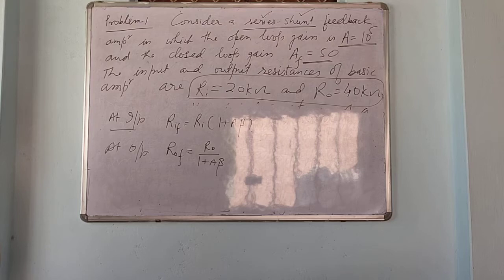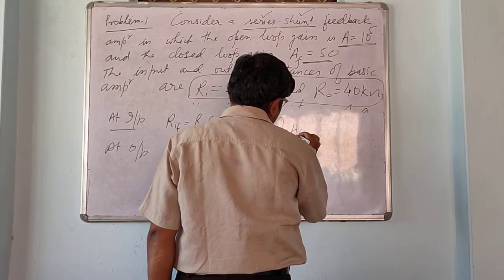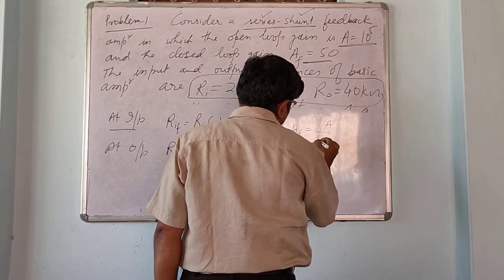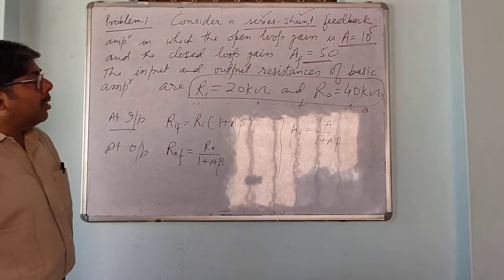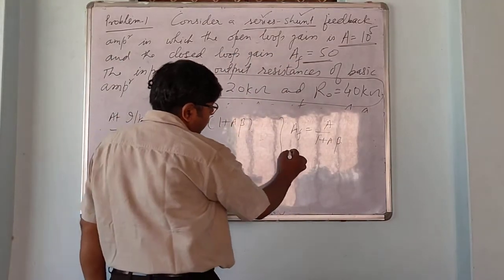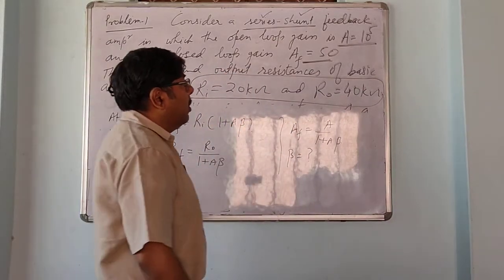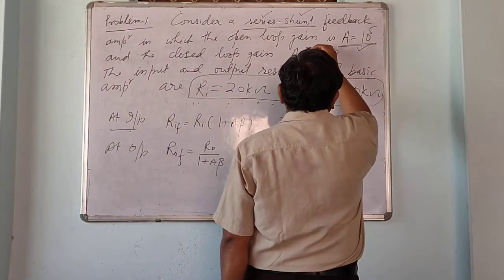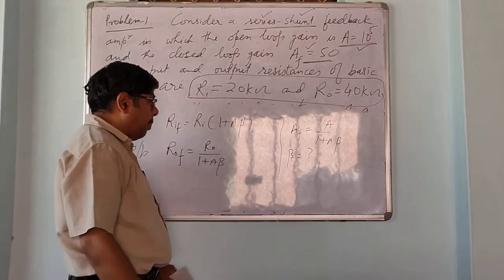Now you can calculate beta from this expression, since Af equals A upon 1 plus Aβ. Put the values of A and Af, and you will get the value of beta.